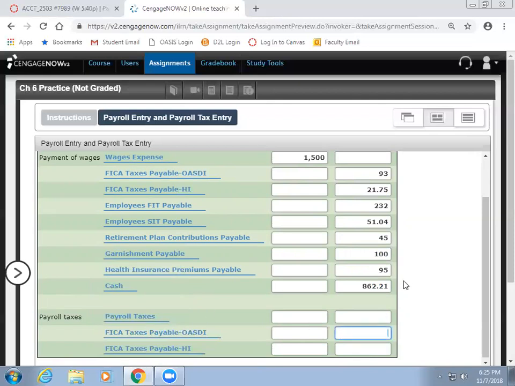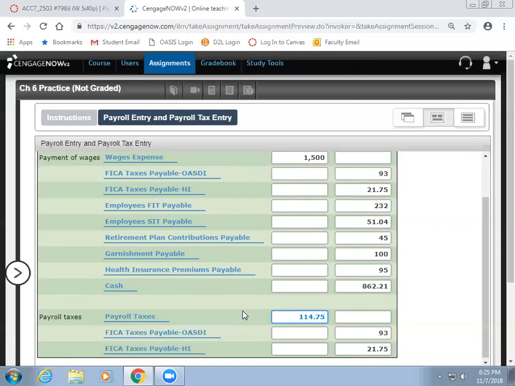And again, they're going to be the same amounts. So OASDI is $93 and Medicare is $21.75. So the total payroll tax is $114.75. Okay, $114.75.